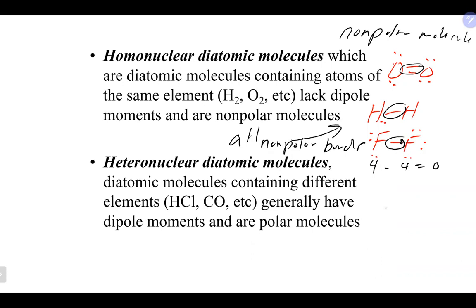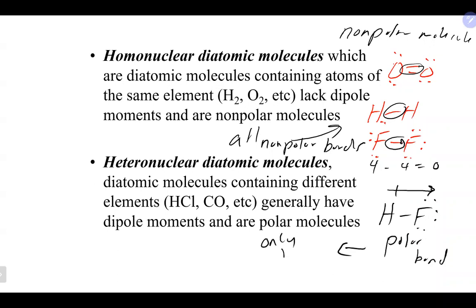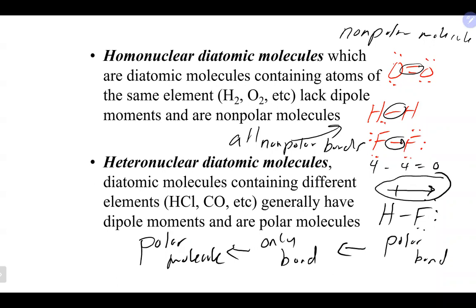Now, if we take something like HF, the bond between H and F is a polar bond. And once again, that is the only bond there, which means that this would be a polar molecule, where we could draw our dipole moment like that arrow heading towards the fluorine side.